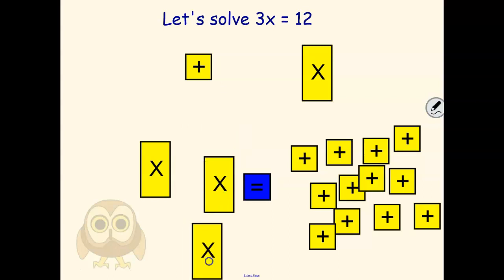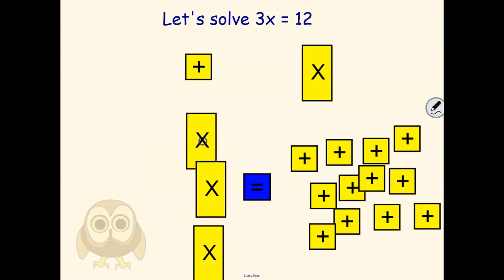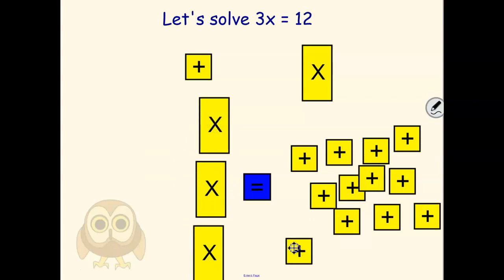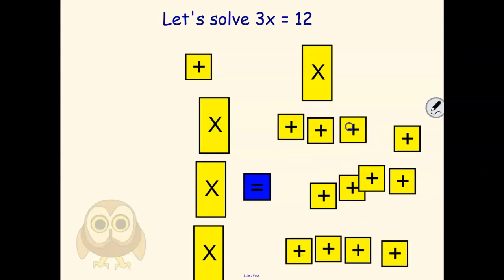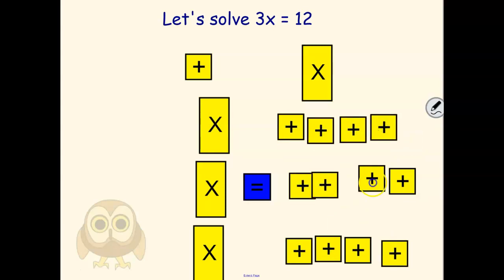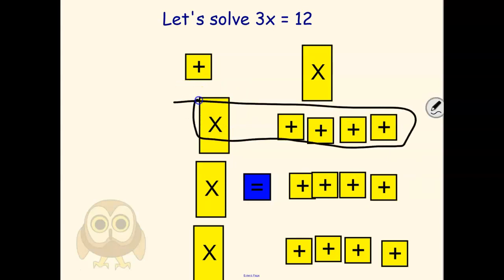So instead, if 3x equals 12, then I want to know, what does 1x equal? Since I divided it into 3 piles on one side, I'm going to divide it into 3 piles on the other side, and I can see that x equals 4. So I made 3 piles, I divided by 3 on both sides, and that showed me that x equals 4.